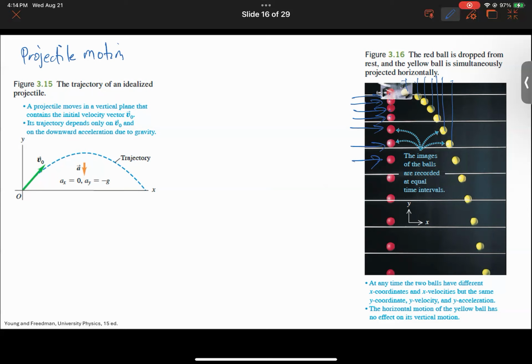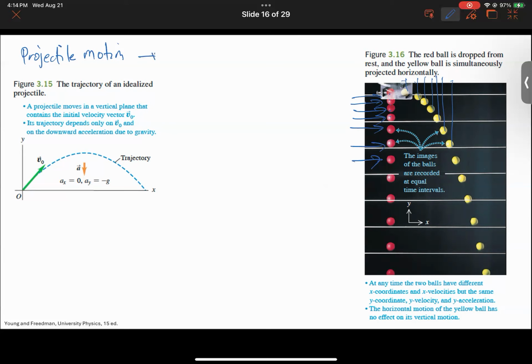Okay. Now, what is a projectile motion? Paano natin alam if a projectile is moving in this fashion? How do we know na projectile motion yung tinitignan natin?